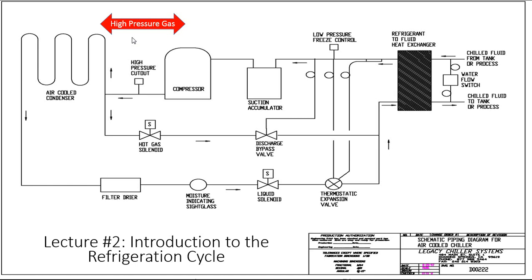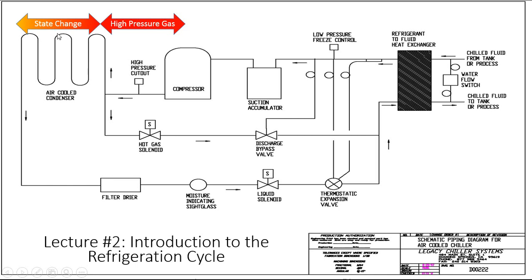All right. So the refrigerant comes out of our compressor as a high pressure gas, and when it goes into our condenser, a miracle happens as the condenser removes the heat from this high pressure gas. It has a state change.